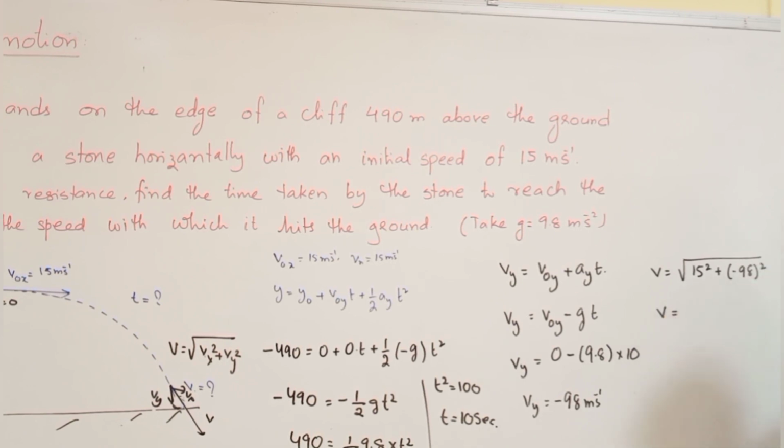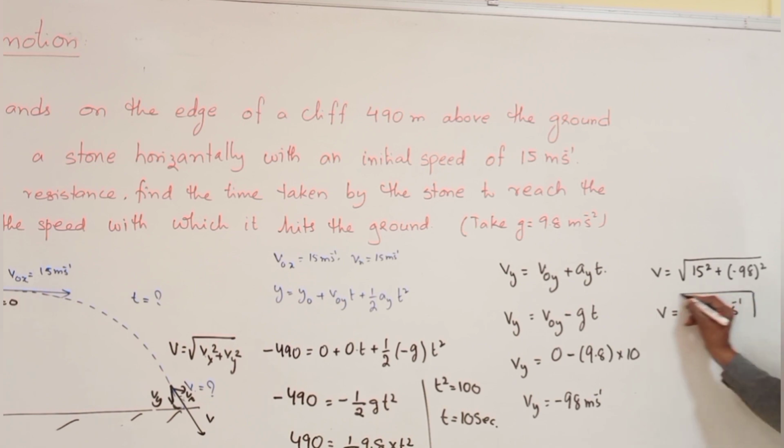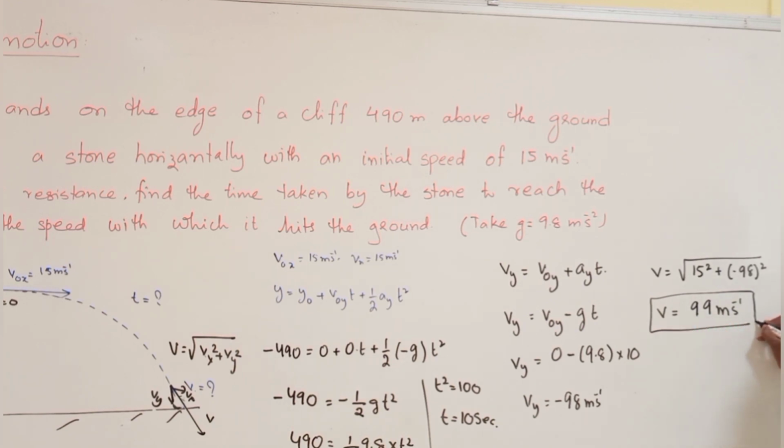You will get it as 99 meters per second. This is the final velocity at the moment the stone hits the ground, which is 99 meters per second.